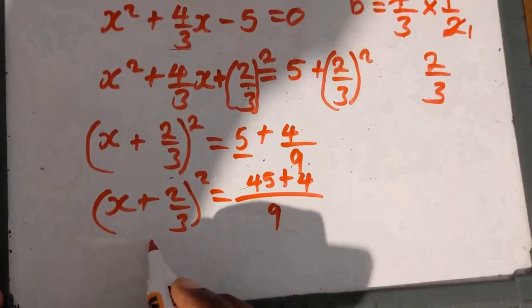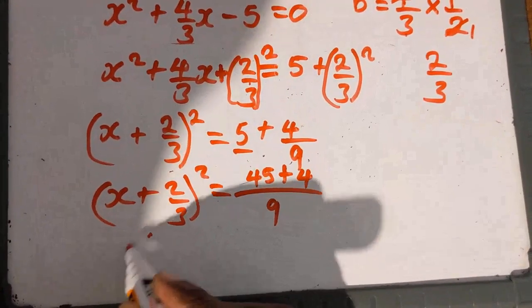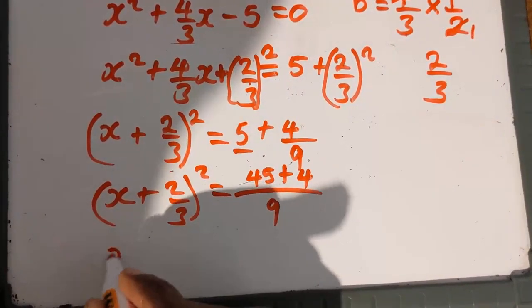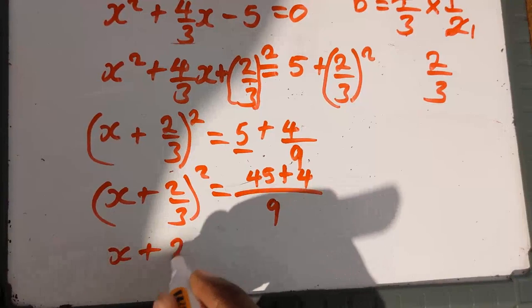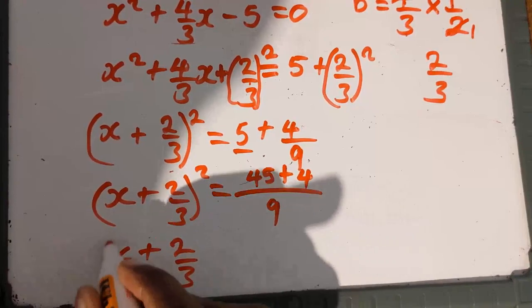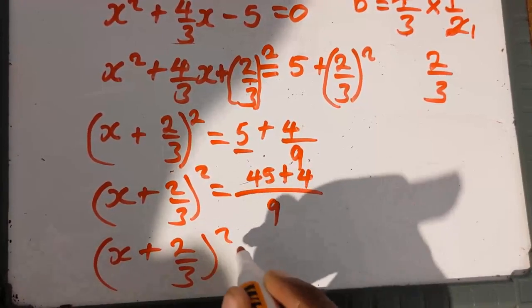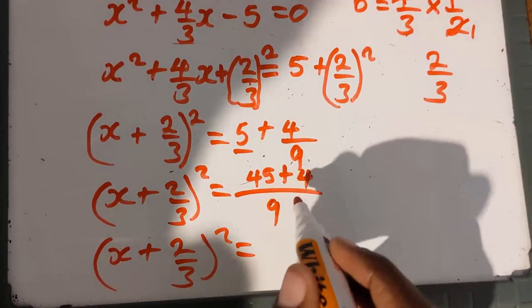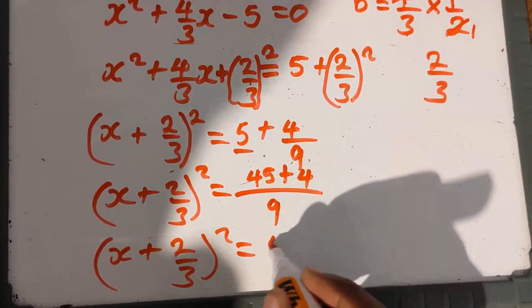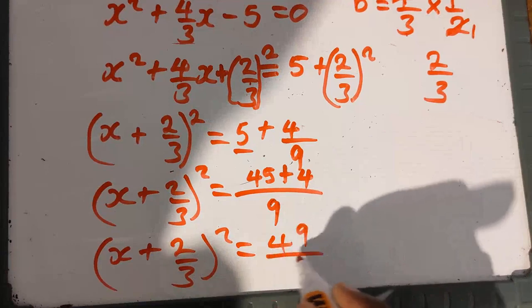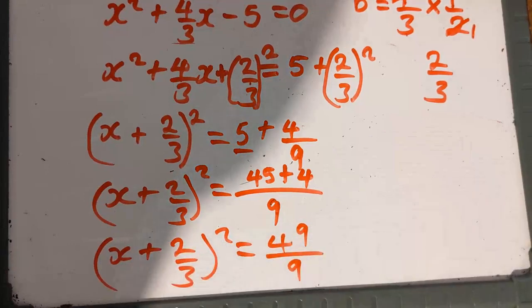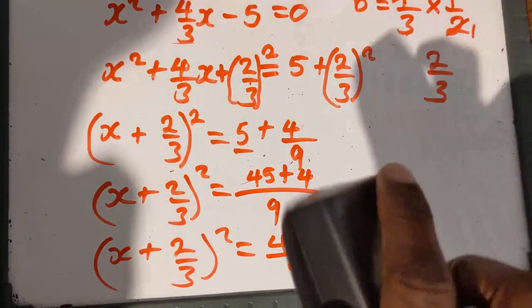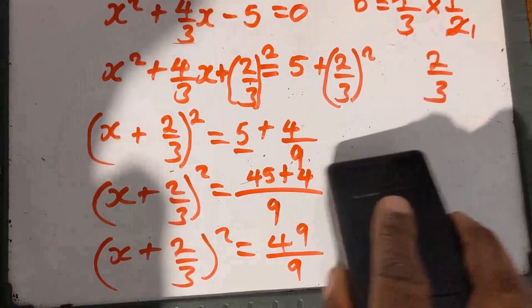So if we solve it, it's going to be x plus 2 over 3 squared, then it is equal to 45 plus 4, that is going to be 49 over what? Over 9, like that. Okay, so let me just try to create more space.